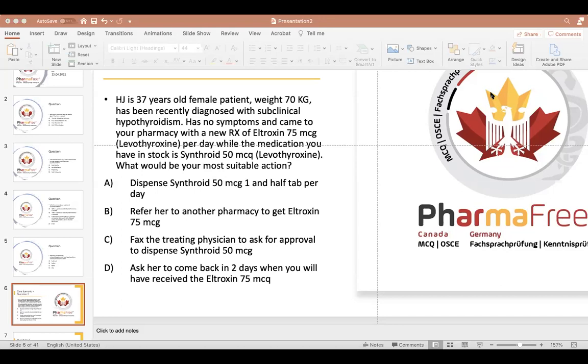This is to make sure the same dose gives the same effectiveness: the 50 micrograms of Eltroxine gives the same efficacy as the 50 micrograms of Synthroid. That's it.